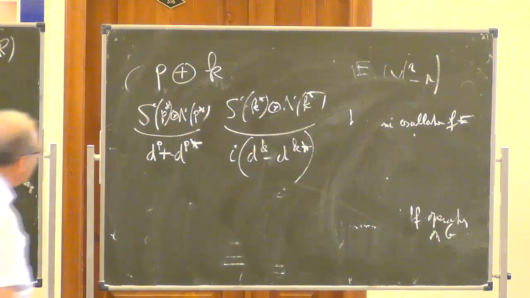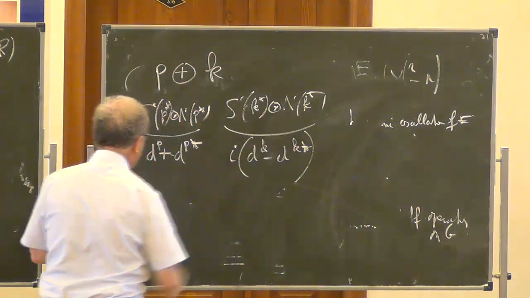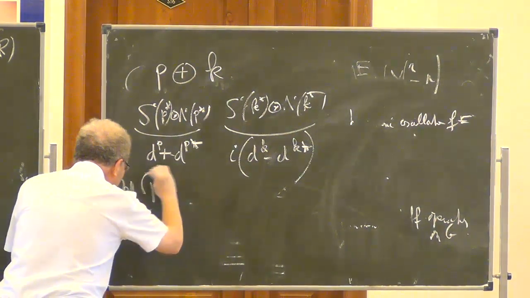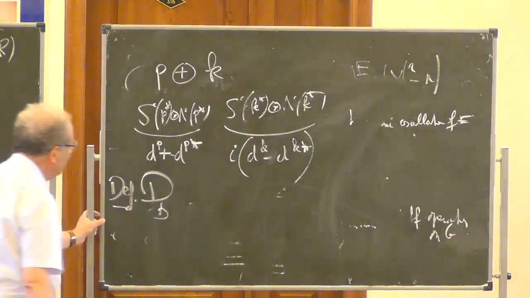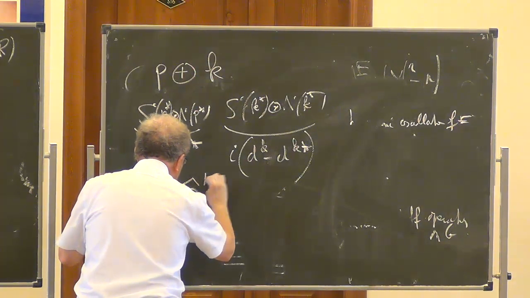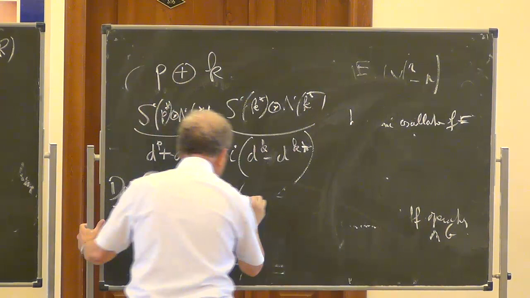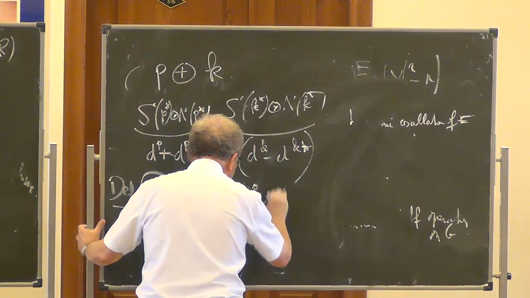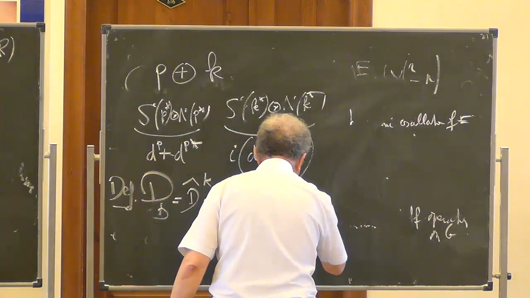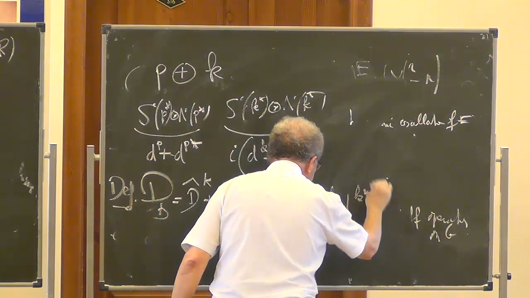So these operators, they act on what? They act on this, and this operator acts on this. So definition: let me define the operator dB, which is given by d hat k, plus 1 over b times dp plus dp star, plus i times dk minus dk star.